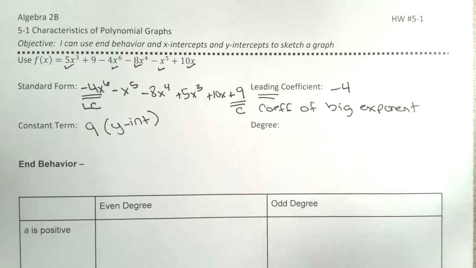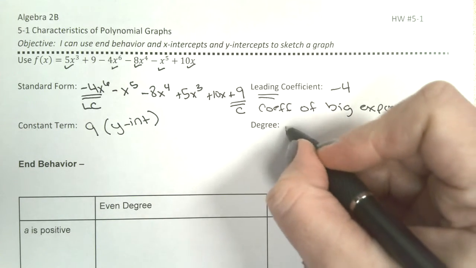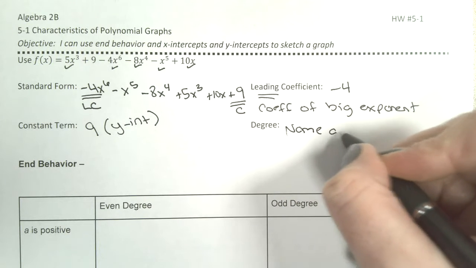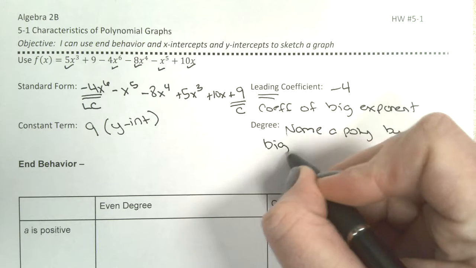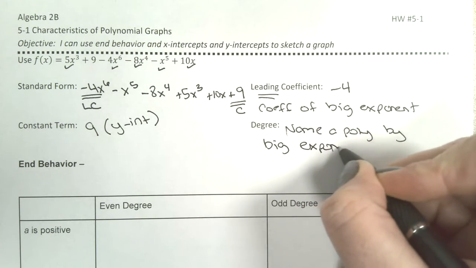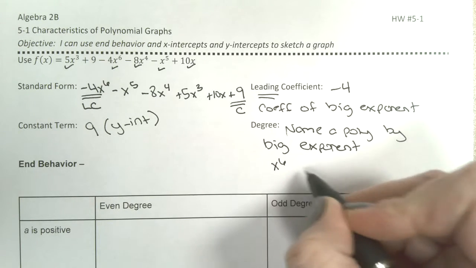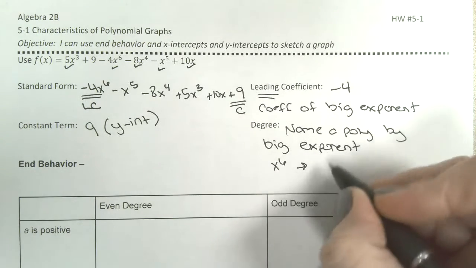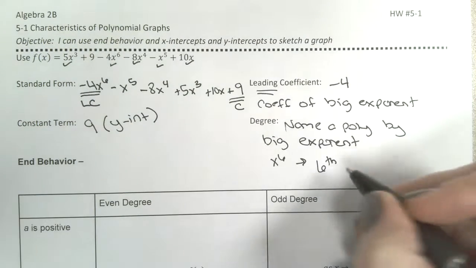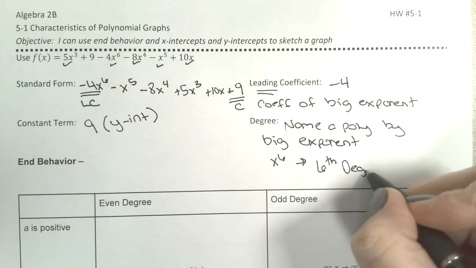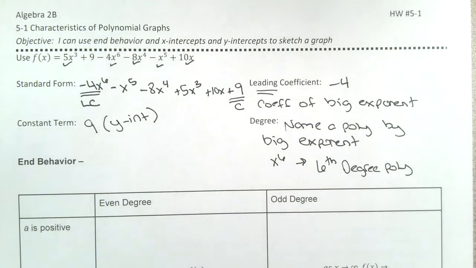The degree is how we name a polynomial. You name a polynomial by the biggest exponent. So in this case, we have x to the 6th as our biggest exponent, and so this doesn't have a special name. It is just called a sixth degree polynomial.